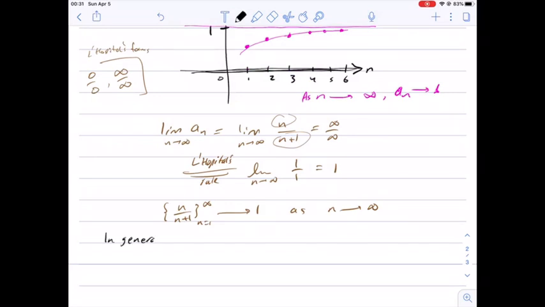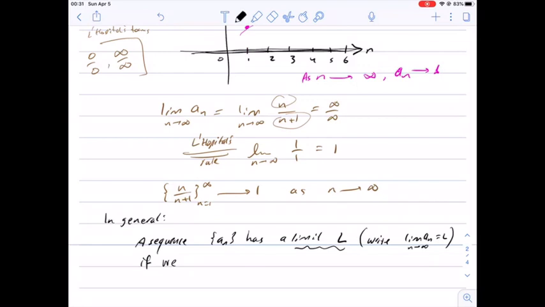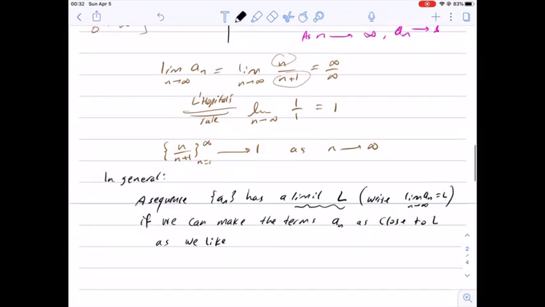Now, in general, a sequence a sub n has a limit L, and we write the limit of a sub n as n goes to infinity equals L. This is true if we can make the terms a sub n as close to L as we like by taking n sufficiently large.